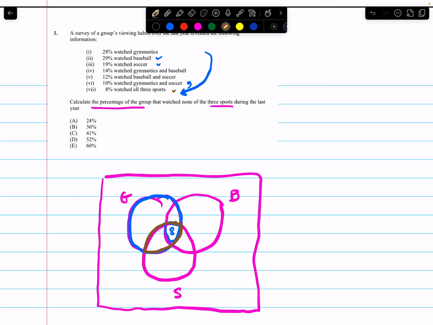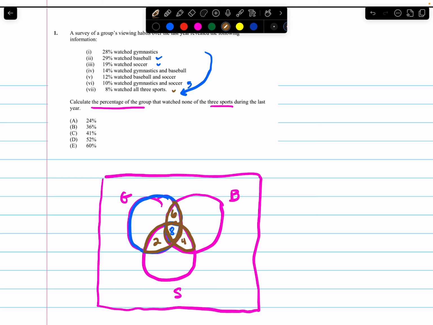Since we already know 8 of it, 2 is over here. 12% watched baseball and soccer, so this football is 12. We already know 8 of it, so this piece is 4. 14% gym and baseball, so this football is 14%, which means this is 6.